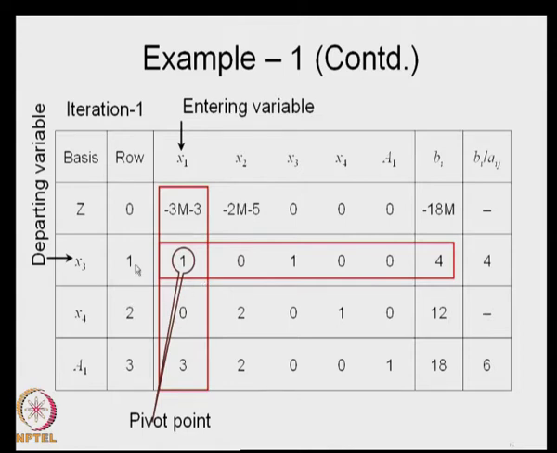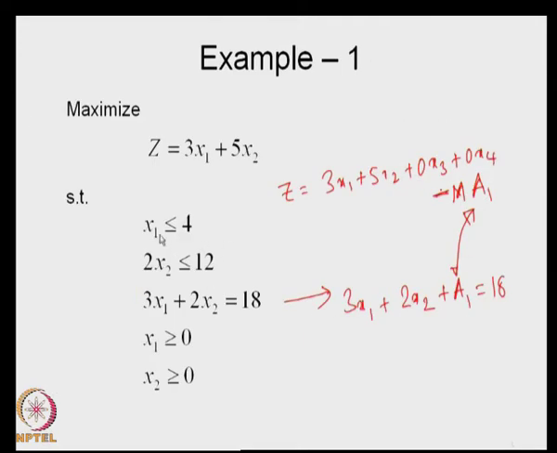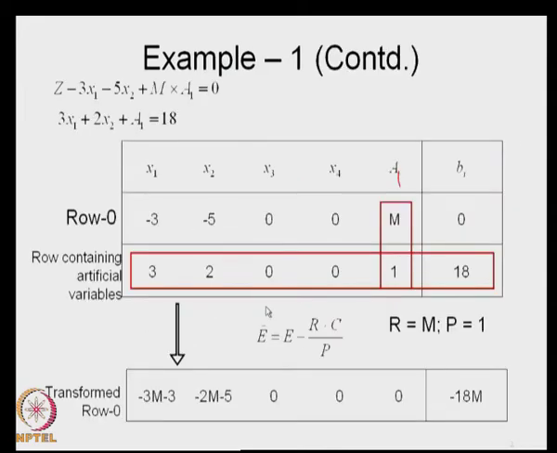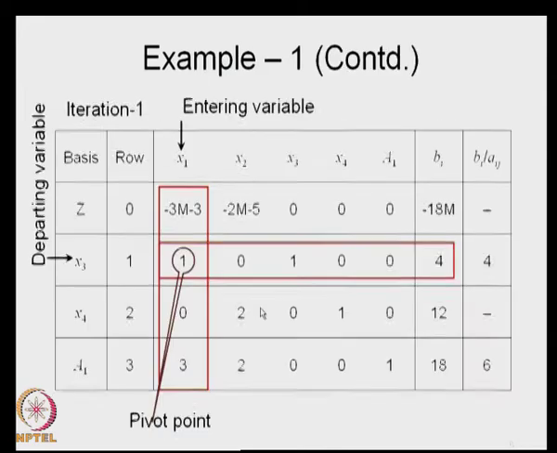So, row 1 is x 1 plus x 3 is equal to 4, row 2 is 2 x 2 plus x 4 is equal to 12, row 3 is 3 x 1 plus 2 x 2 is equal to 18, that is, plus a 1 is what we will write. So, in row 1 you have x 1 plus x 3 and 0 a 1 is equal to 4.